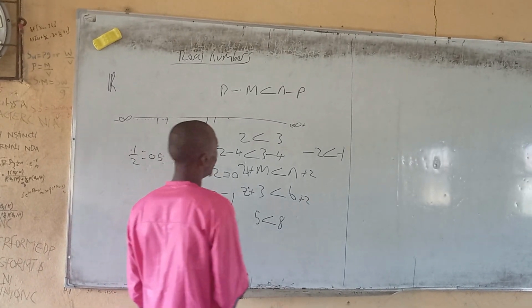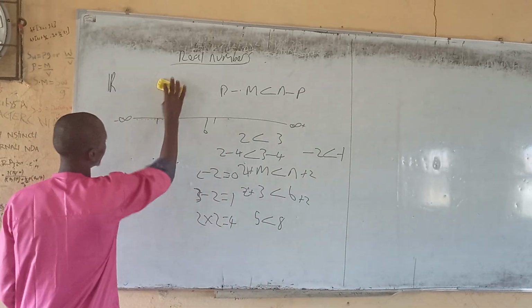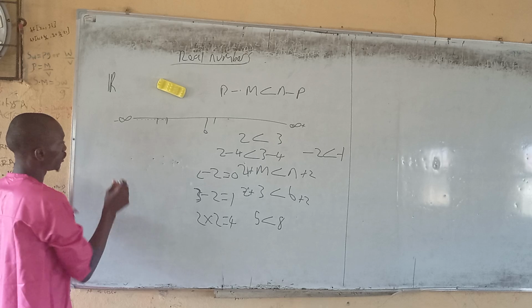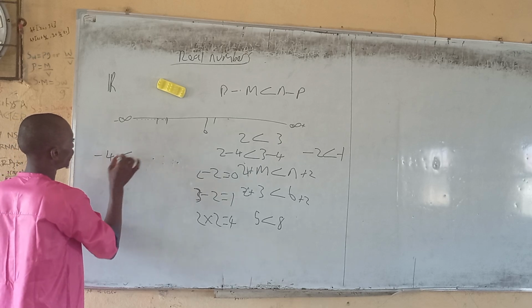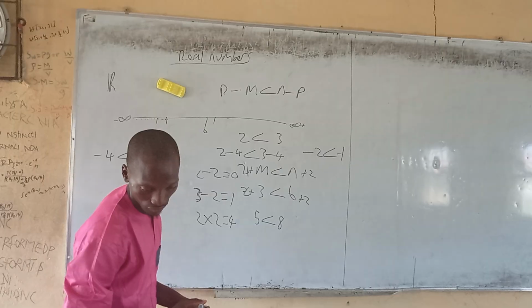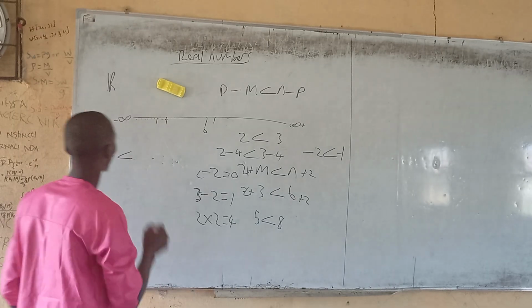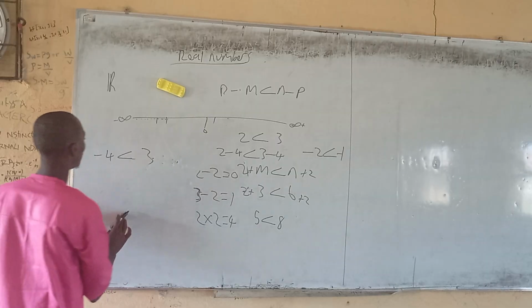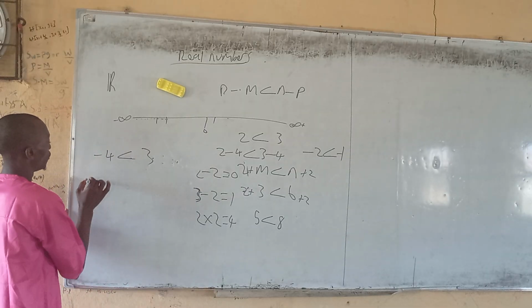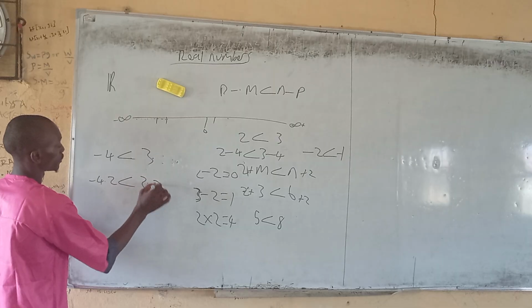Now, let's move on to the multiplication aspect of it. The multiplication aspect of this is minus 4 is less than 3. Now, let's multiply. Minus 4 times 2 is less than 3 times 2.